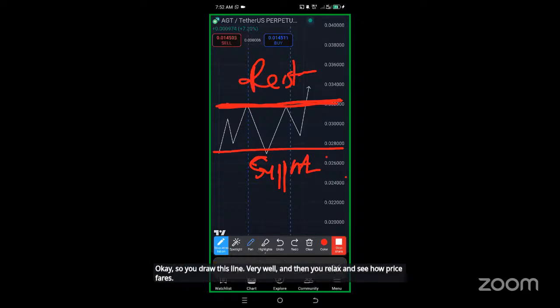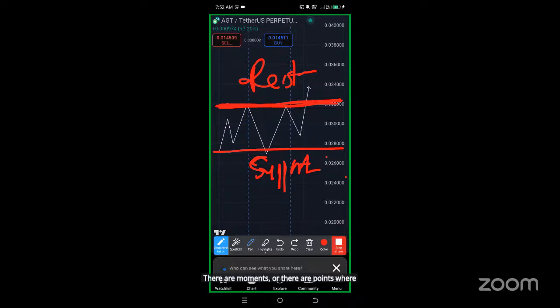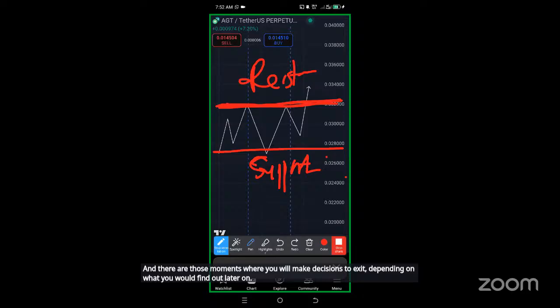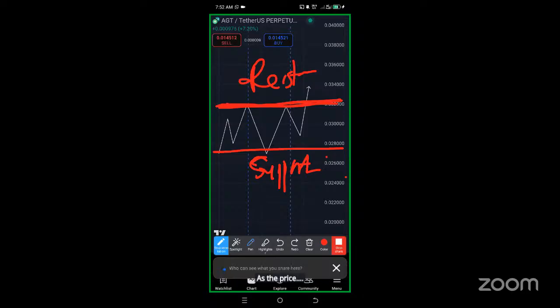There are moments where you will make decisions to enter, and there are moments where you will make decisions to exit, depending on what you find out later on as the price is reacting to those levels. You understand? So that is very, very important.